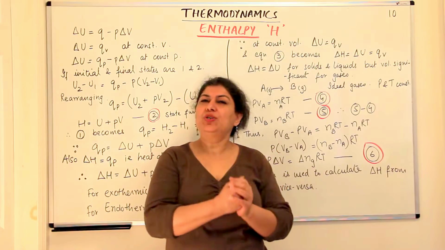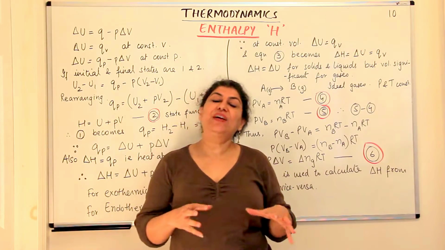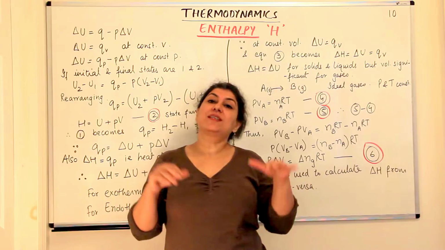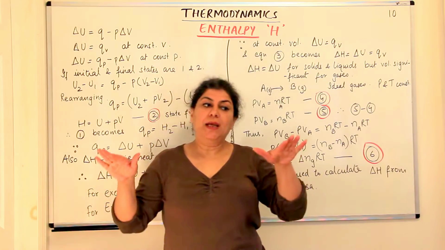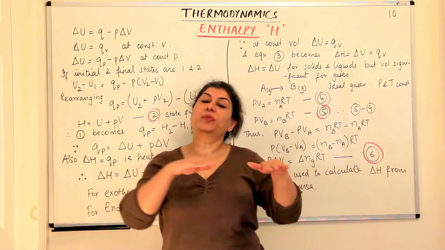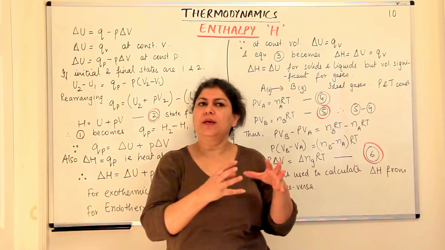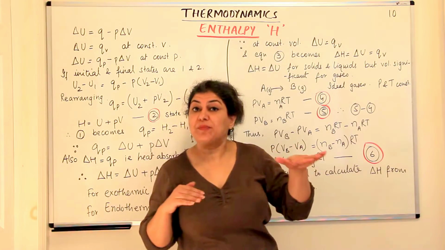So let me just remind you what a state function is. A state function is a property on which the state of a system depends. For any state, the magnitude of that property is fixed.